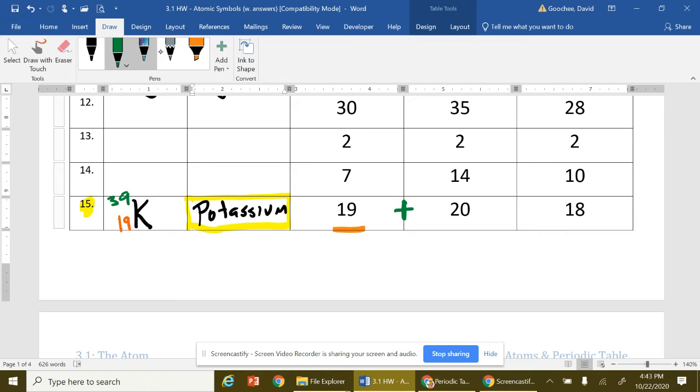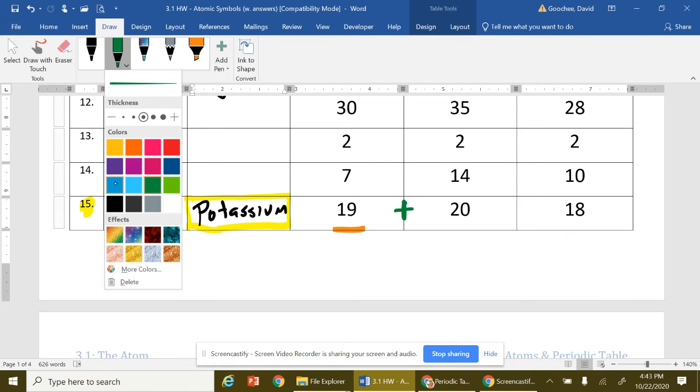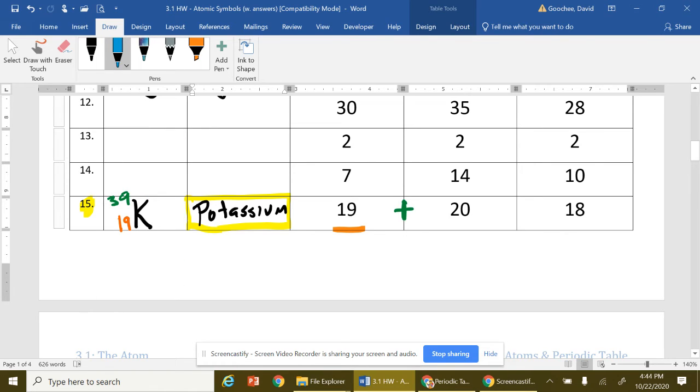What is the charge? The charge is the imbalance of protons versus electrons. So let's look. Here's our protons. We've got 19. Here's our electrons. We have 18. What do we have more of, protons or electrons? We have more protons. So this is going to be a positive atom. How many more protons do we have compared to electrons?